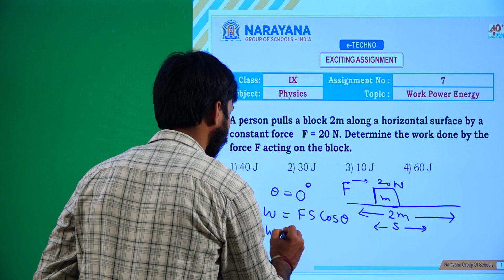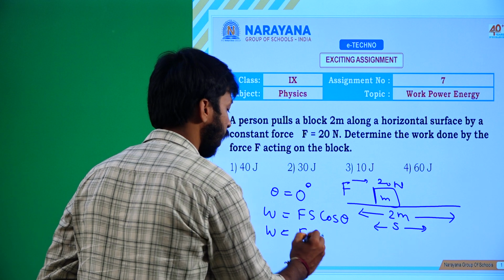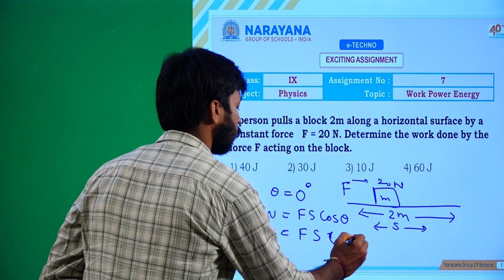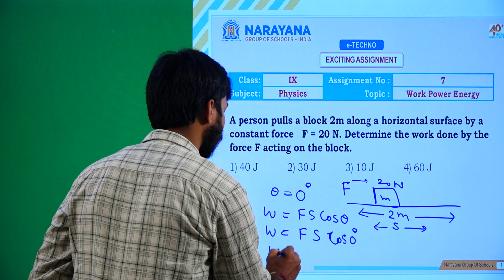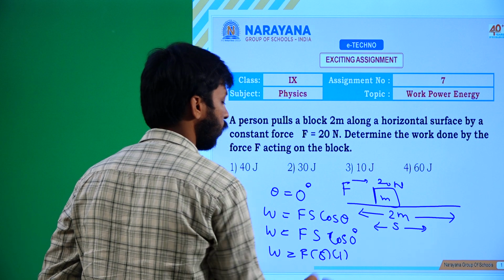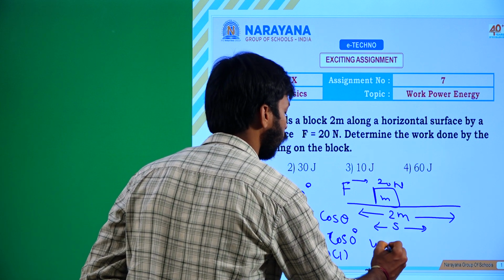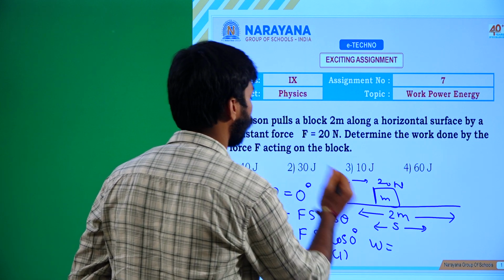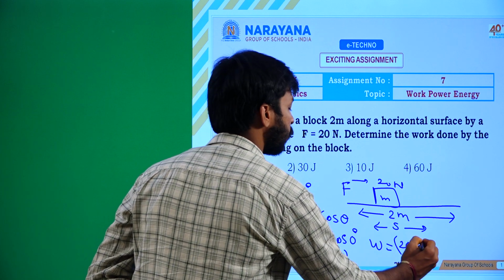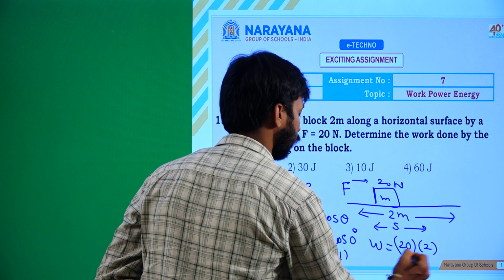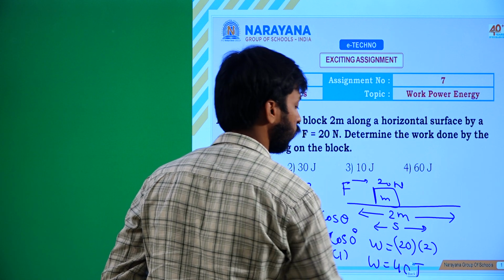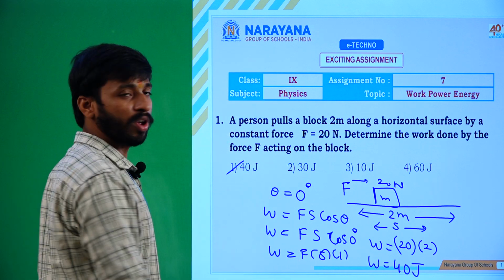So W is equal to F S cos 0, and cos 0 is 1. What is F? F is equal to 20, into displacement, that is 2 meters. So W is equal to 40 joules. So first option.